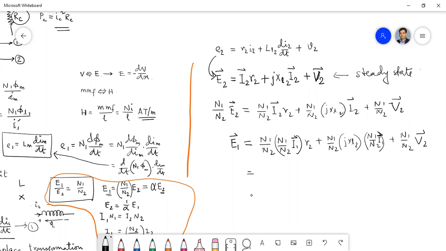So that means we can write this as N1 by N2 whole square into R2 into I1, plus N1 by N2 whole square into j, where j is the imaginary number, root over minus 1, into XL2 into I1.